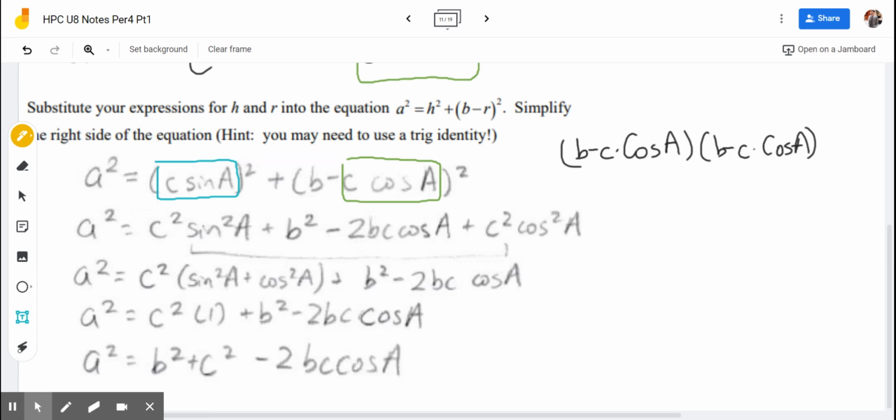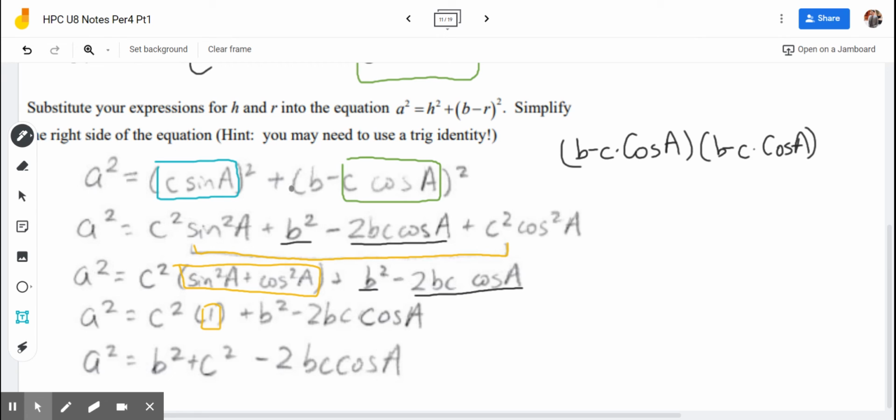And then we're just left with c times sine squared plus cos squared. And you should recognize that, hey, that's a Pythagorean identity there. But we still have this b squared minus 2bc cos a. So that doesn't go away.